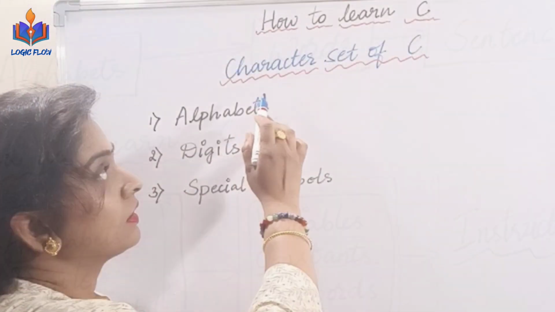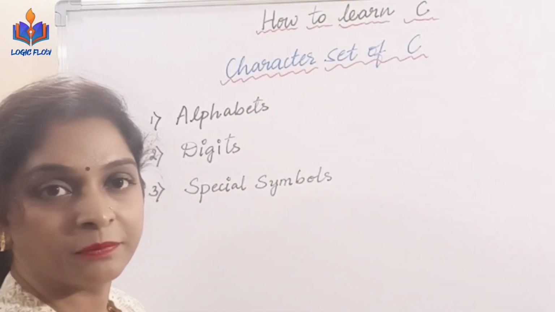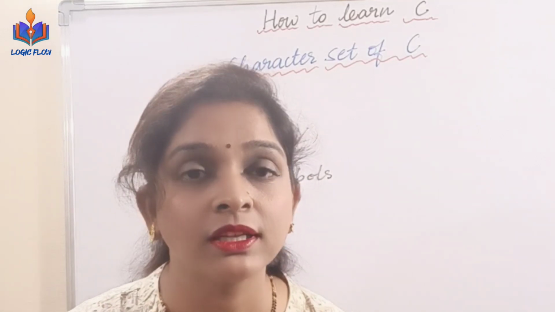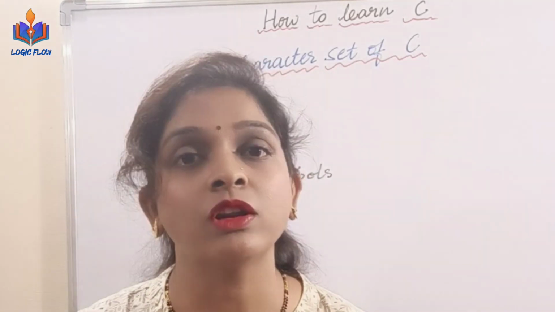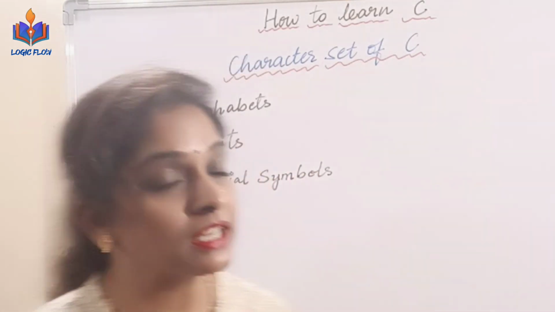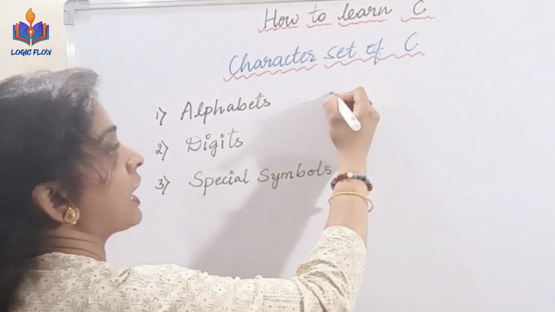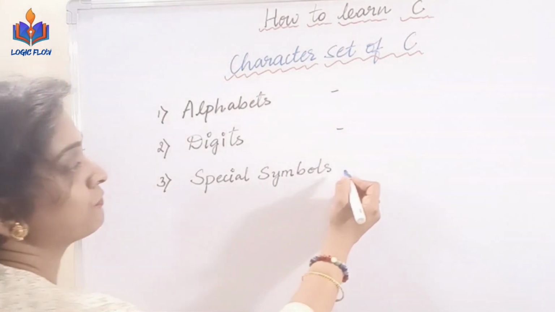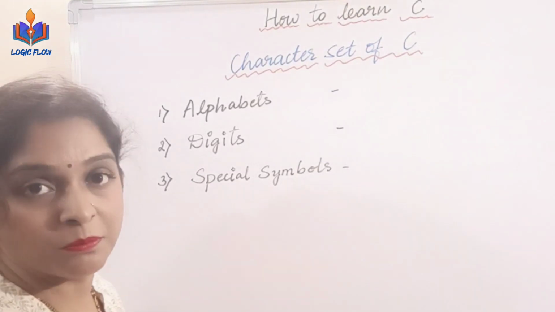Now, character set of C. The character set of C talks about the set of characters that we can use in the C language. As I said, we can make use of alphabets, digits, and special symbols.